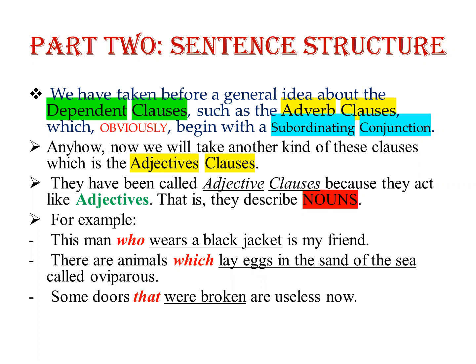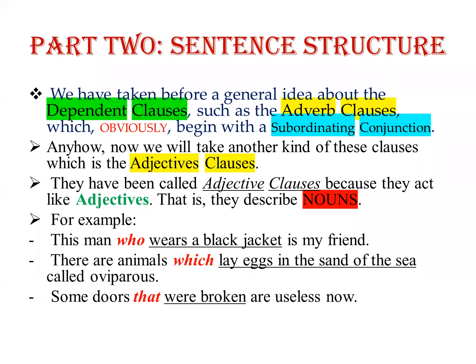We have taken before a general idea about the dependent clauses, such as the adverb clauses, which obviously begin with a subordinating conjunction. I think in chapter 3, we discussed the independent clauses and the dependent clauses explicitly.